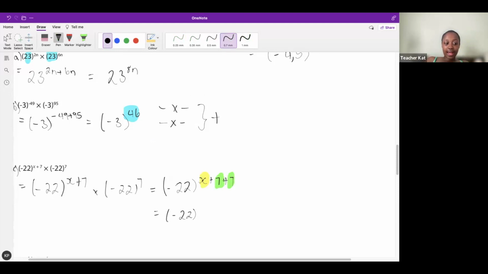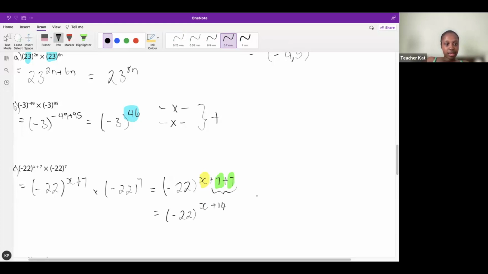No. And we were not multiplying in the first place. So are we allowed to introduce a multiplication symbol? No. So my answer will then be x. And then if you add my like terms, which is the 7 and the 7, it will be plus 14. Do we get it, guys?